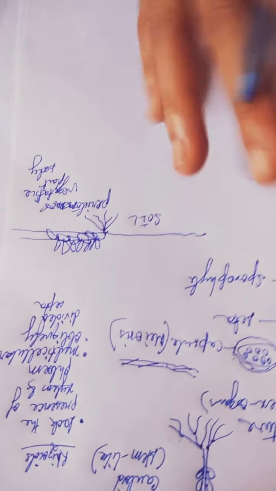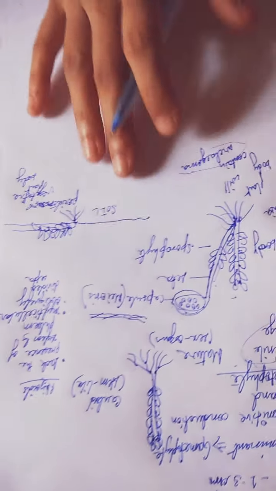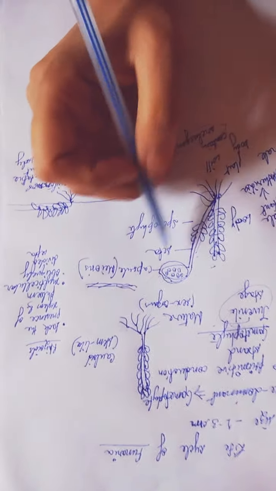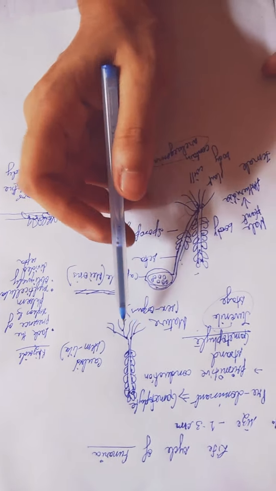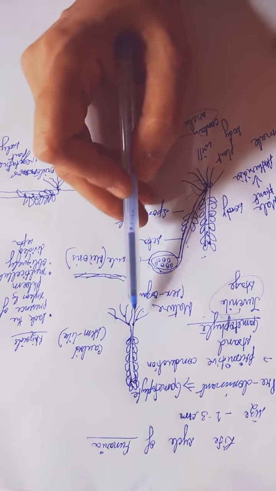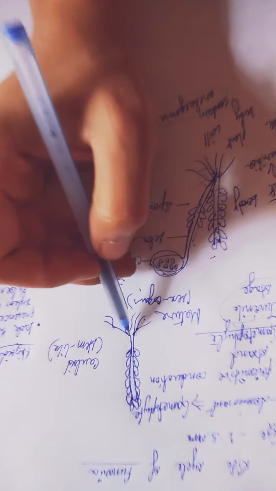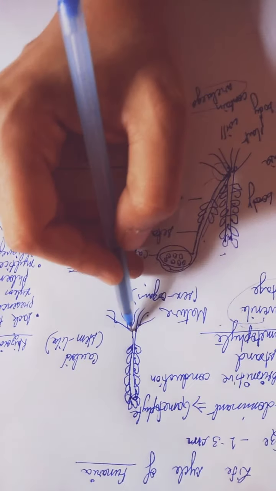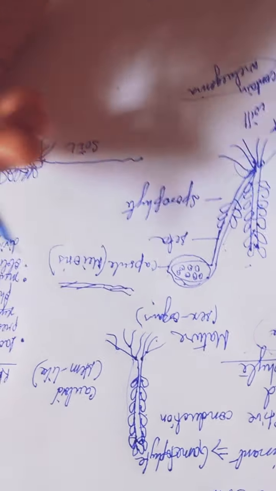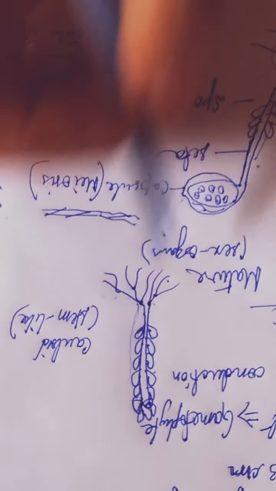So this is a small representation by which we understood the entire gametophytic and sporophytic plant body. Generally, the plant has a gametophytic plant body, but as soon as there is a chance of presence of this sporophyte, there will be a female plant or female portion of the plant growing.